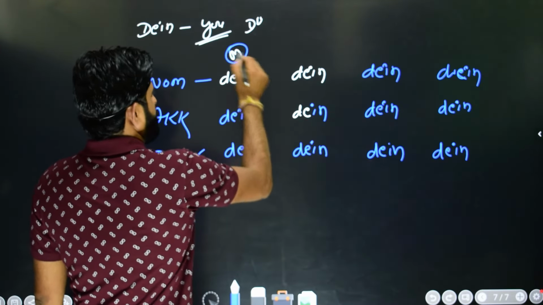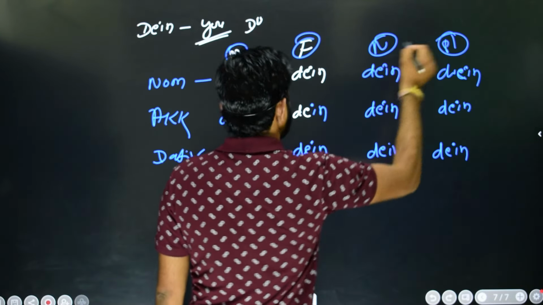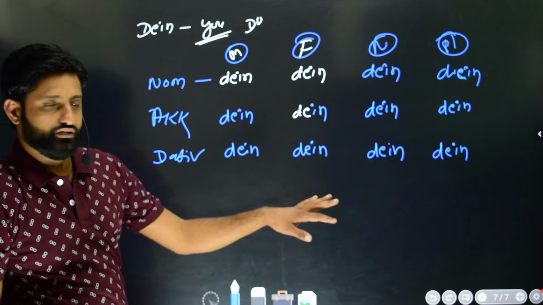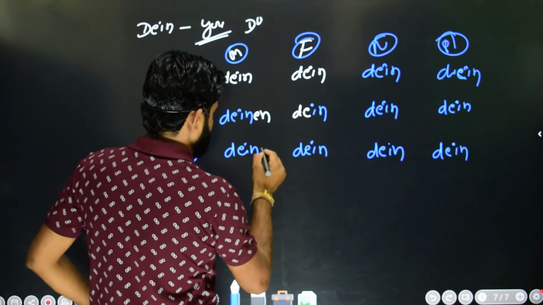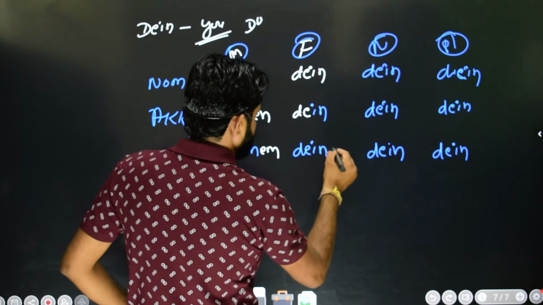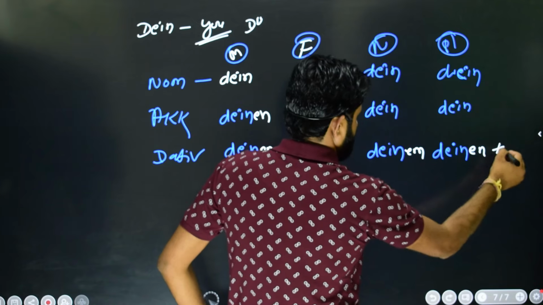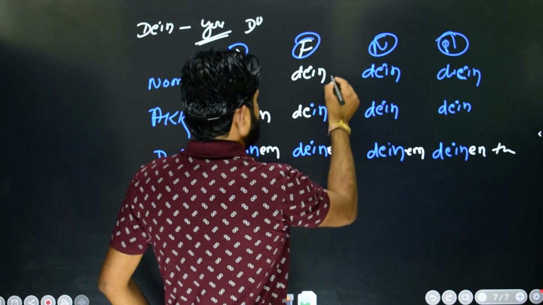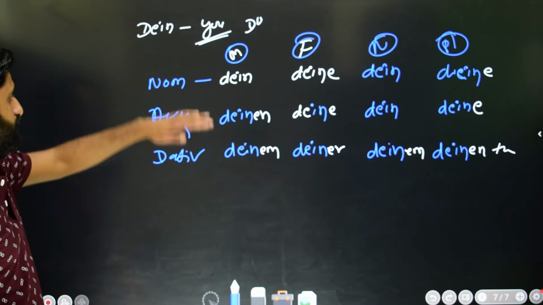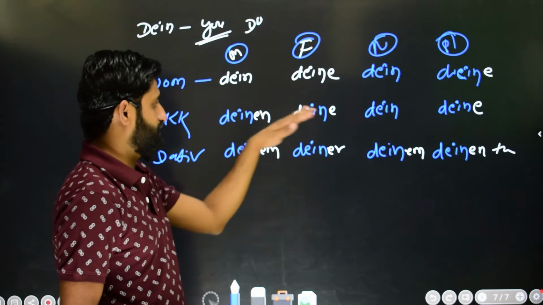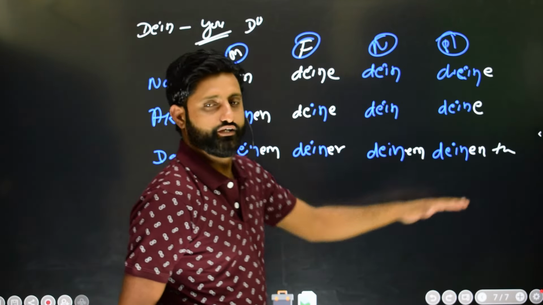This was for masculine, this is for feminine, this is for neutrum, and this is for plural. I need to add here the ending as per the der, die, das table. Here it will be deinen, deinem, deiner, deinem, deinen plus n. Here it will be deine, deine, deine, deine. So this is a very simple table. Dein, deine, dein, deine, deinen, deine, dein, deine, deinem, deiner, deinem, deinen. Okay.